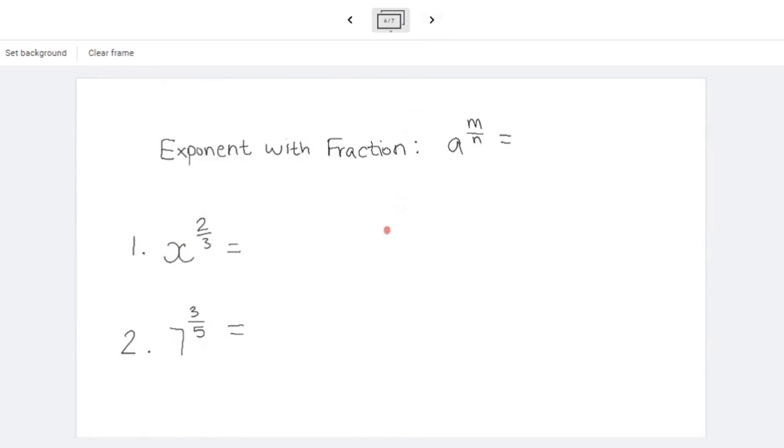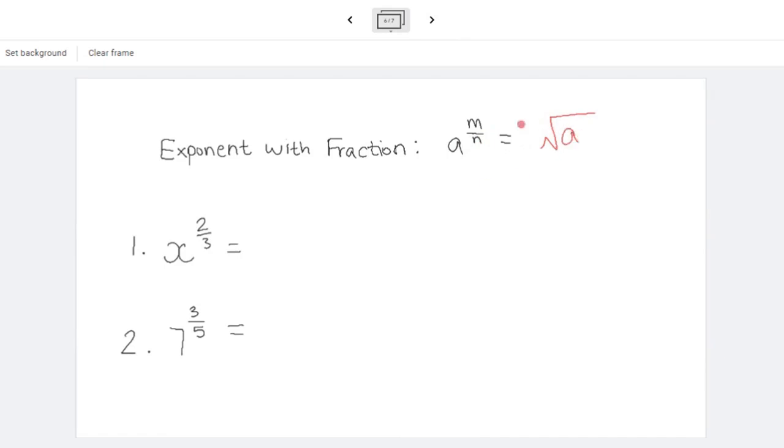Okay, our next one is exponent with fraction. Whenever you have a fraction in your exponent, all you want to think about is a square root. So draw your little square root symbol and write your base inside the square root.